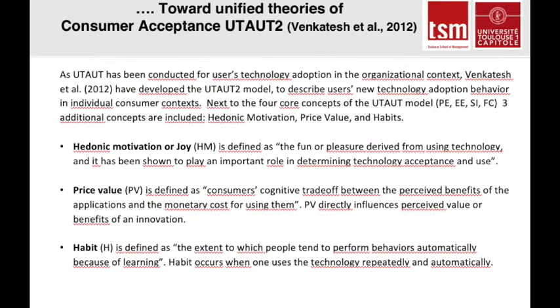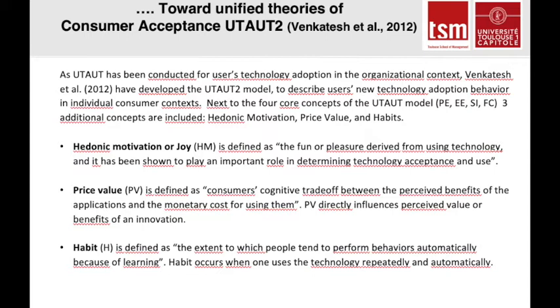As UTAUT1 has been conducted for users' technology adoption in the organizational context, Venkatesh and colleagues developed in 2012 the UTAUT2 model, extended from UTAUT1 to describe individual users' new technology adoption behaviors in individual consumer contexts.